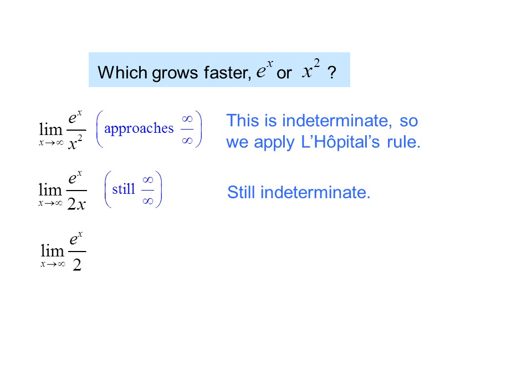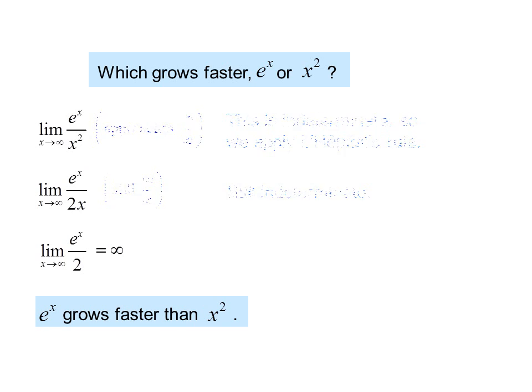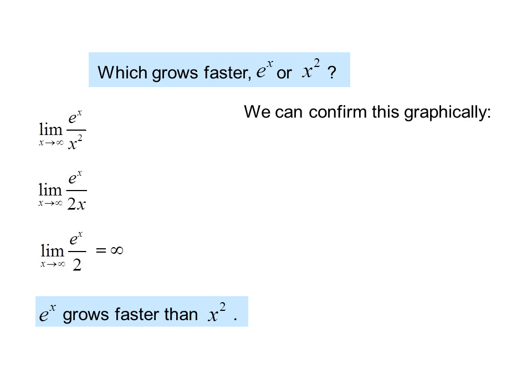Applying L'Hopital one more time, we have the limit as x goes to infinity of e to the x over 2, which is infinity. Therefore, e to the x grows faster than x squared. We can confirm this graphically.